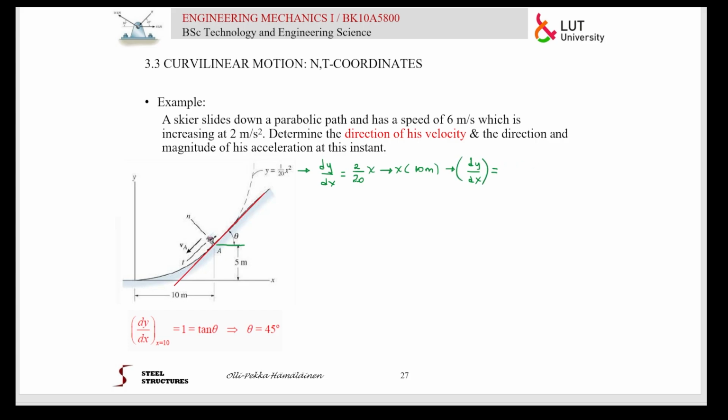This is 1 divided by 10, multiplied by 10 gives me 1 here. And then if I take the inverse of the tangent of that number, it's going to give me that at that moment, the orientation of that line is 45 degrees. Great.